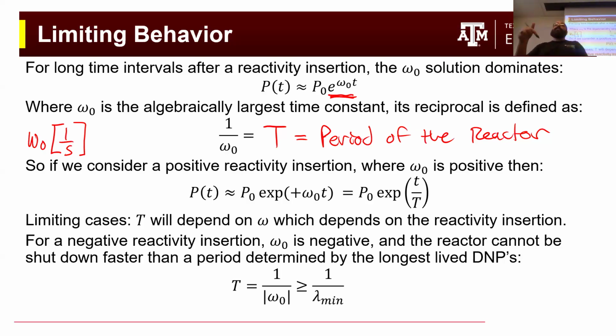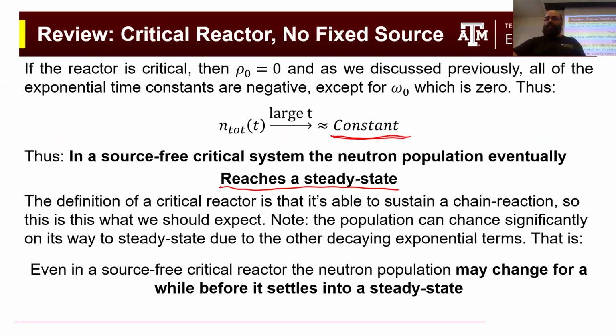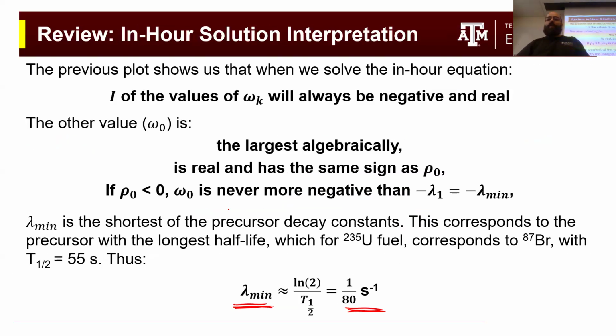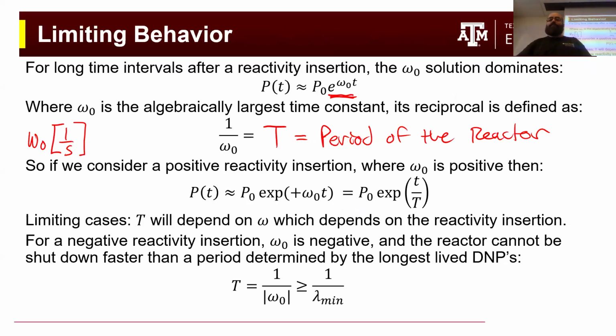If we know that our lambda min is 1 over 80 seconds inverse, this is like our omega zero time constant. At least it's the limiting behavior. Our omega zero is going to be limited by this time constant if the insertion is negative. So that means the period is 1 over that time constant, and the reciprocal of 1 over 80 seconds inverse is going to be 80 seconds.